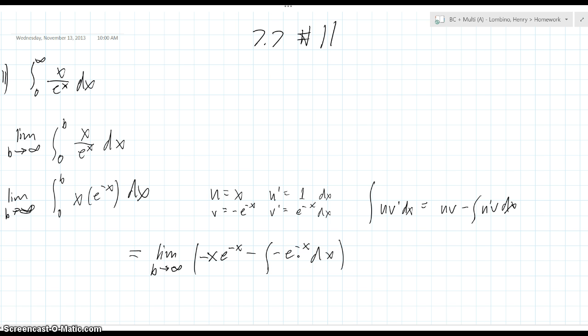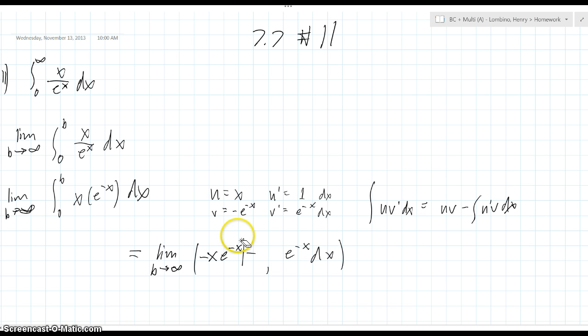We have to keep in mind that this is for an indefinite integral. We have a definite integral. So what we have to do is add this in.